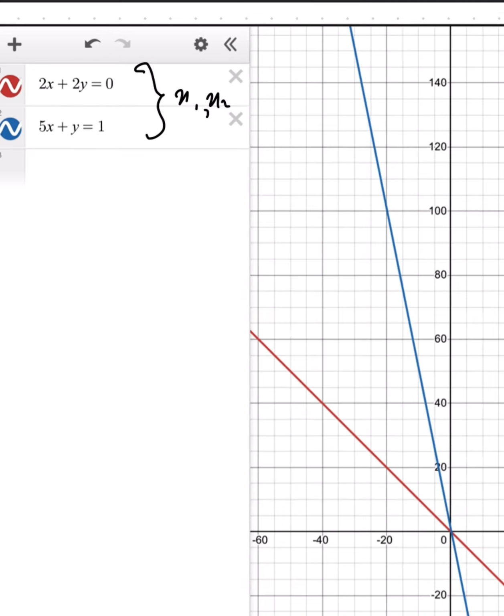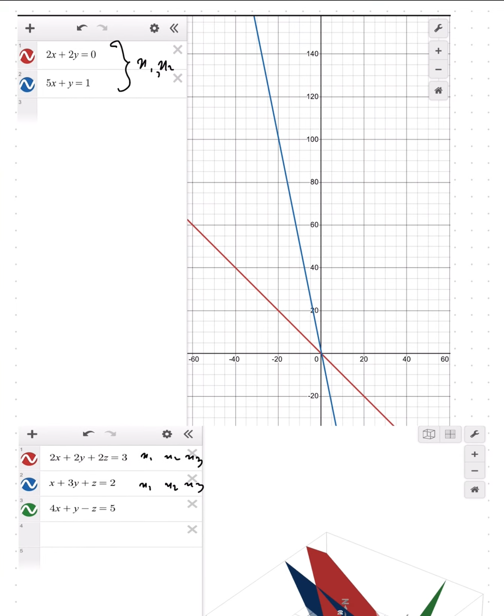For the first one, we just have two linear equations. So what is it? You have two variables. Also, when you try to solve a system of linear equations, try to represent the variables as x1 and x2.